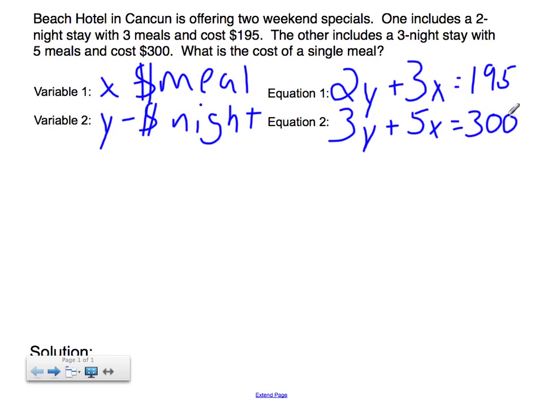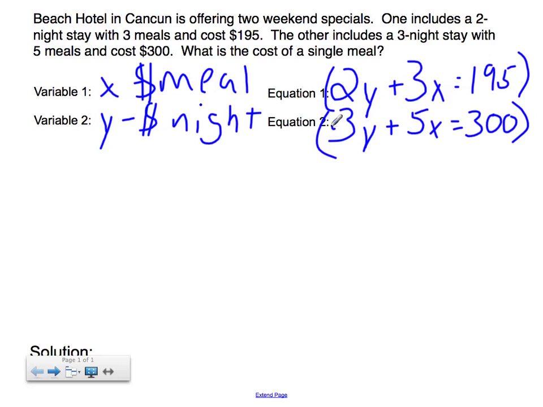But here, since my variables are lined up, y's with the y's, x's, and the whole numbers all lined up perfectly, I'm going to go ahead and use elimination. Now remember that when we use elimination, we take the bottom number that we're trying to eliminate. I'm going to try to eliminate my y's.